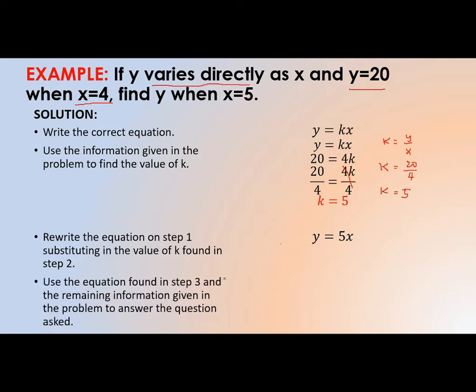Then step 3, we use the value 5 as our x to find y. Finding the value of y by substituting x, we get 25. That means the value of y when x is 5 is equal to 25.